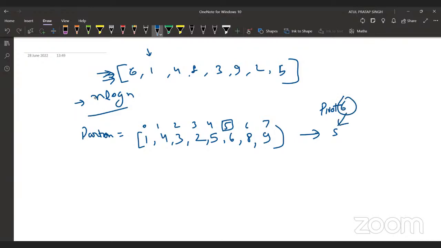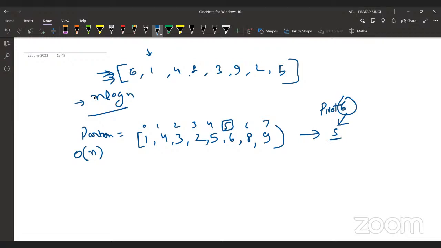Then what is the complexity of partition? Partition complexity is order of n. In the partition function, basically we just read each element and compare it with our pivot element. If some swapping is required, then we perform the swapping operation. Then, what is this position representing?